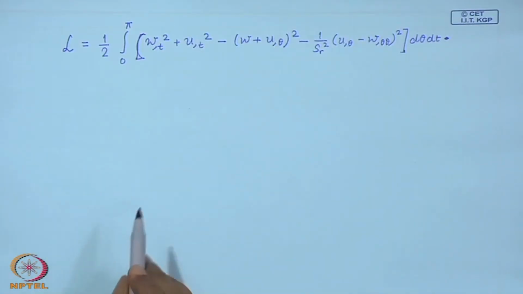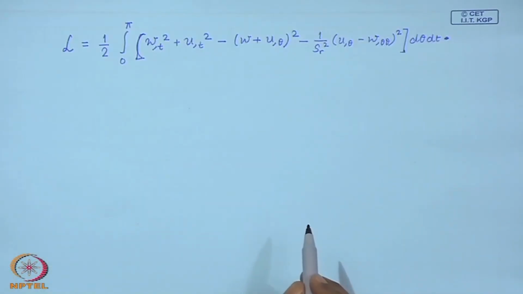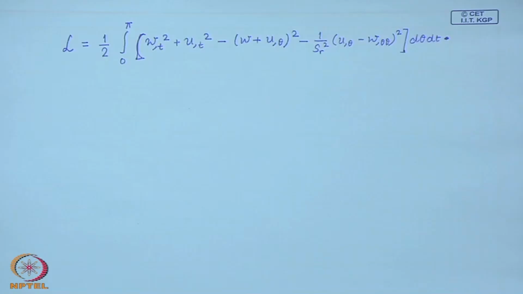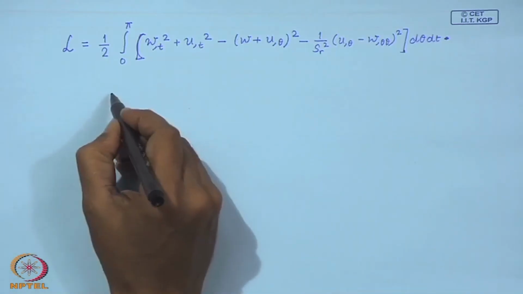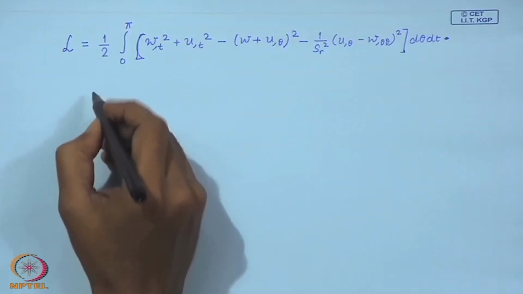We substitute these expansions here and do the integration over theta, and finally, we obtain the discretized equation of motion in terms of these coordinates a.